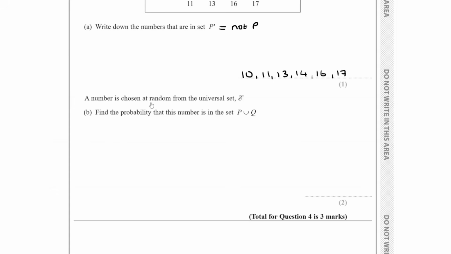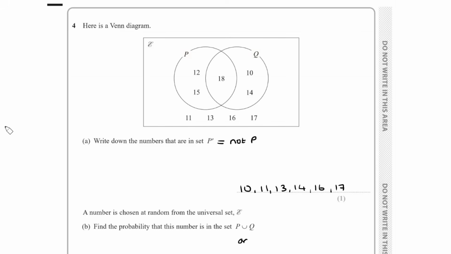Part B, a number is chosen at random from the universal set. So that just means from the whole Venn diagram. Find the probability that this number is in the set P union Q. So we need to memorize what this kind of U shape means. It means P or Q. So where is that on our Venn diagram? If it's in P or Q, that's referring to both of the circles.